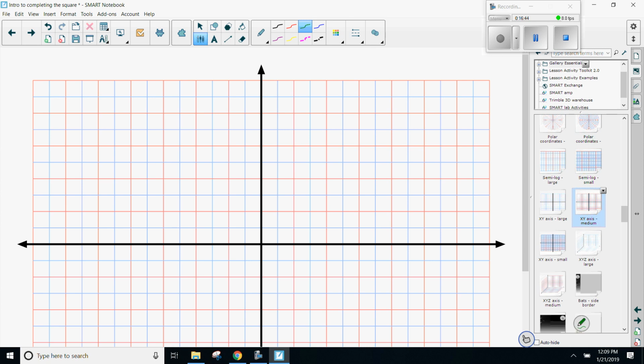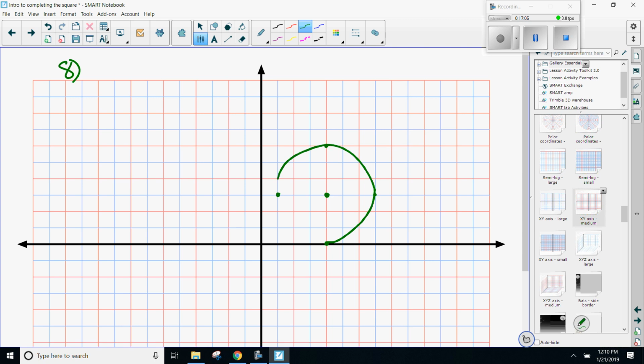So your center is at 4, 3? And we had a radius of 3. There you go. Does that complete that? Yes.